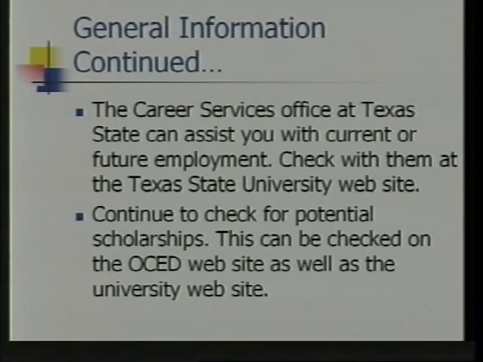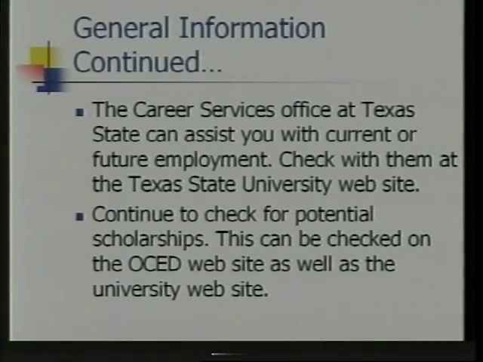The name may change over the months or years, but it's always a good service that you may want to look into because they bring interviewers to the main campus. They have many types of employers that do come to campus. So as you're preparing to get through this degree and to graduate with a BAAS degree, you should also plan to deal with the issue of the Texas State University Career Services. They have a lot of good things they can do to help you.